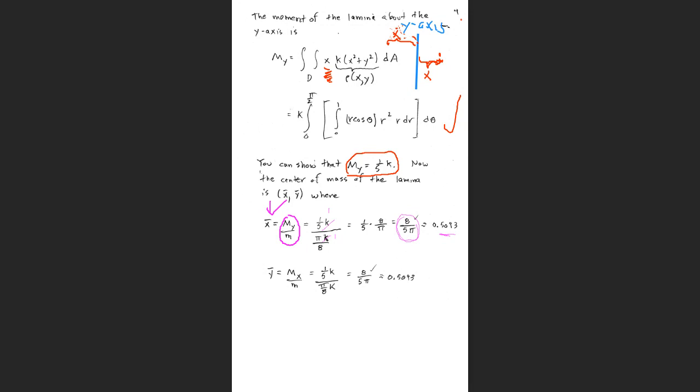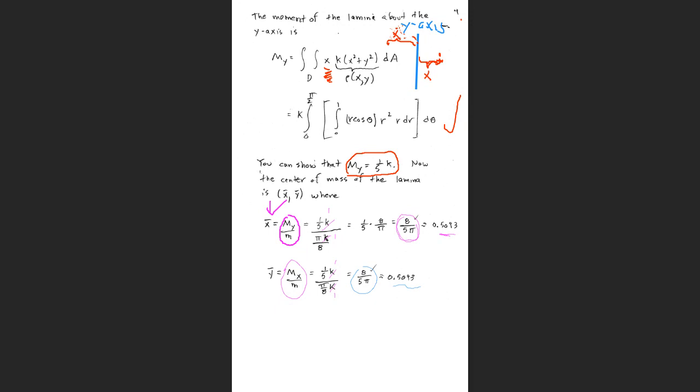For y bar, the y-coordinate for the center of mass or centroid, we take the moment about the x-axis and divide by the total mass. Again, those k's simplify out, and we get 8/5 pi, or 0.5093.